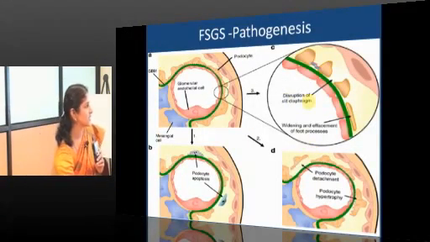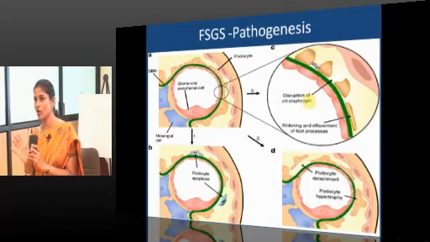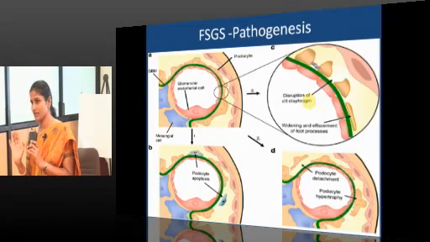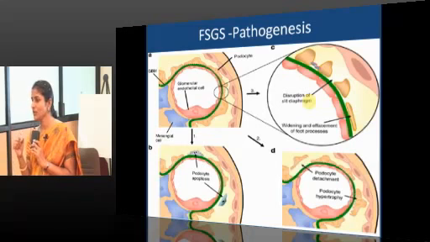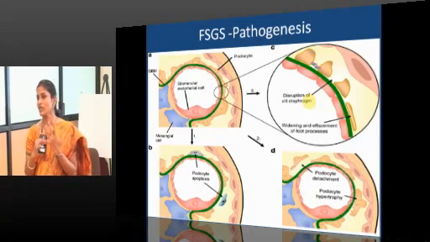So, the pathogenesis is, here you can see changes at the level of visceral epithelial cells. For RPGN you will see changes in the GBM and the parietal epithelial cells. Here you will see changes mainly centered on visceral epithelial cells. Changes include effacement of the architecture.